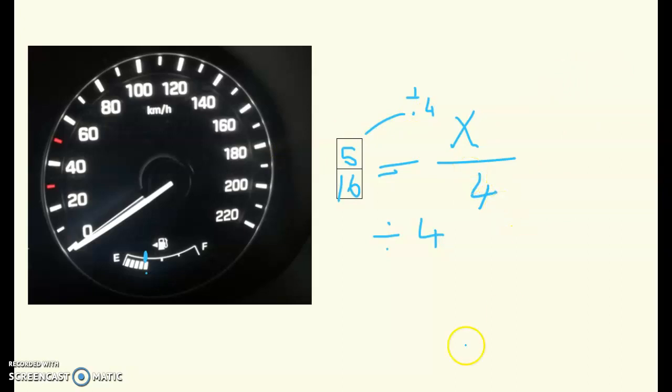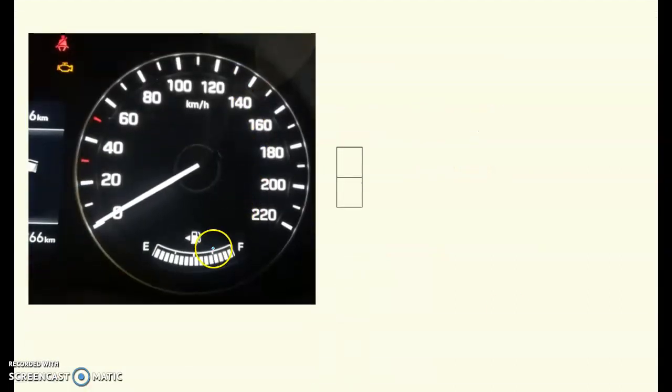Okay, let's go down to here. I've got a petrol gauge. If my petrol went up to there, what fraction of my petrol gauge is full? Yes, that's right. That would be 3/4.